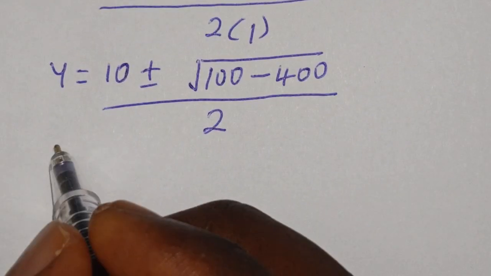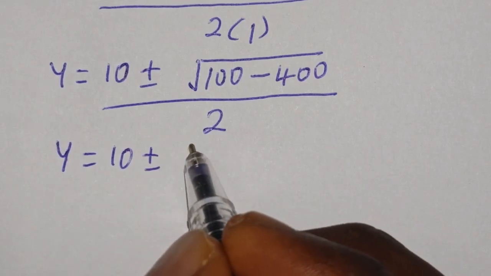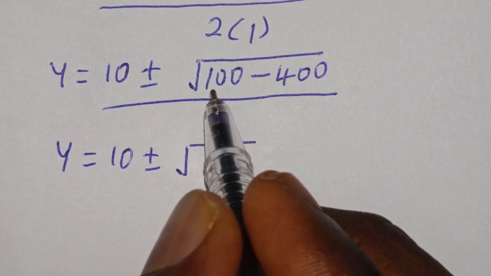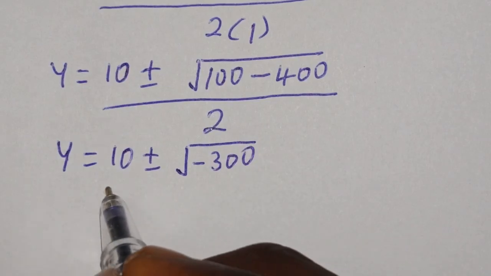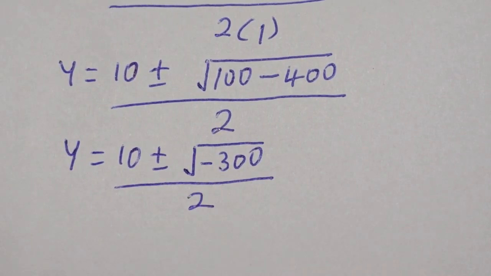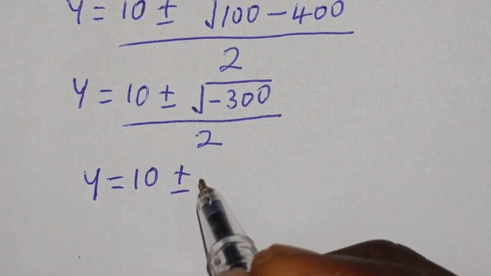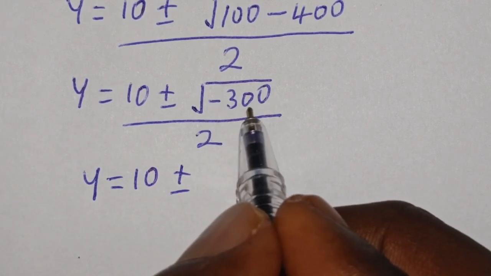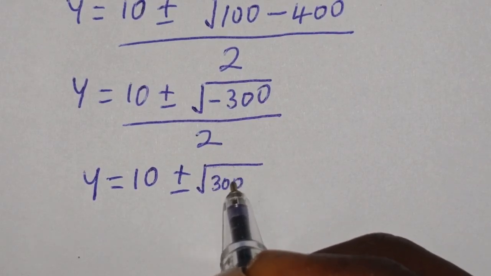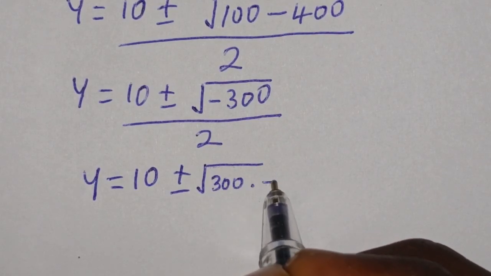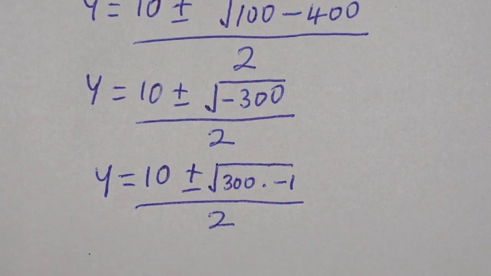Let's continue. y equal to 10 plus or minus square root of 100 minus 400, that is minus 300, divided by 2. I can rewrite square root of minus 300 as square root of 300 times minus 1, divided by 2.